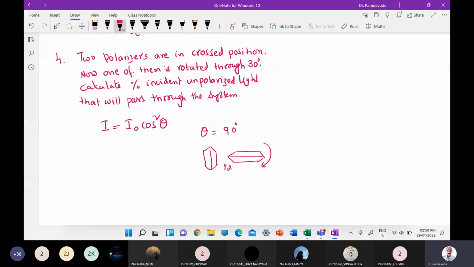That means initially the angle between them is 90, then it is turned 30 degrees, so I have to subtract 30 degrees. I'll get a new position, that is 60 degrees.